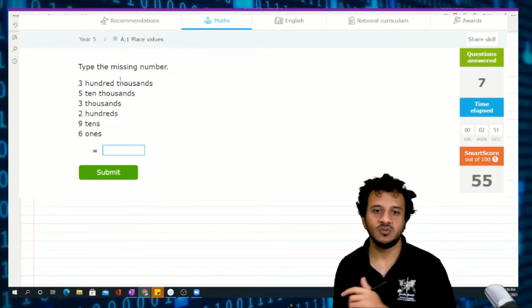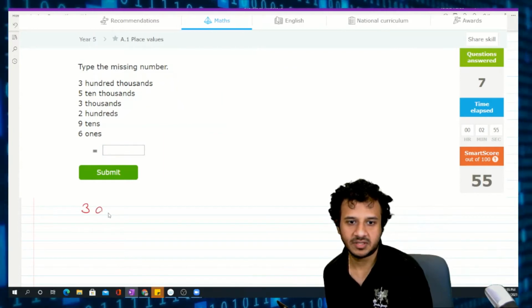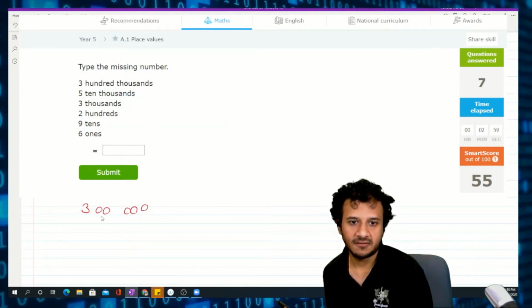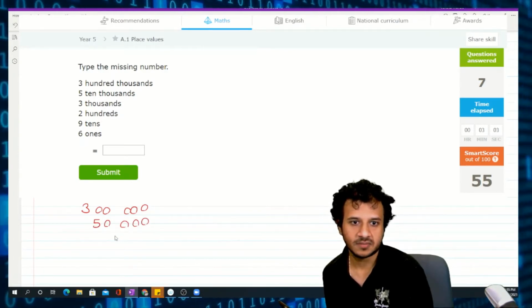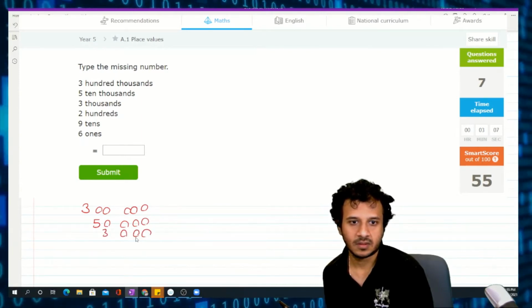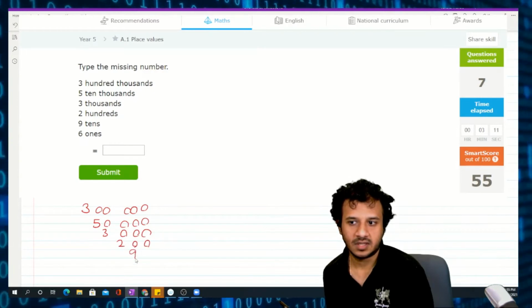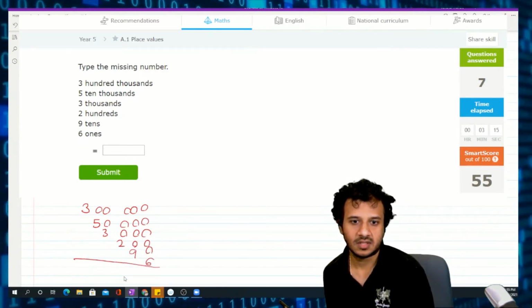If it is too hard to understand, write that number down. 300,000 will be 300 thousands. 5 10,000s, that means 50,000. 3,000s, so 3,000. 200s. 9 tens and 6 ones, and then add them all up.